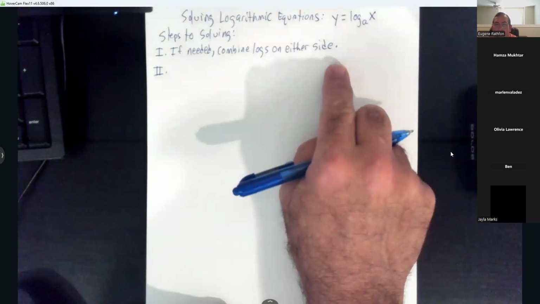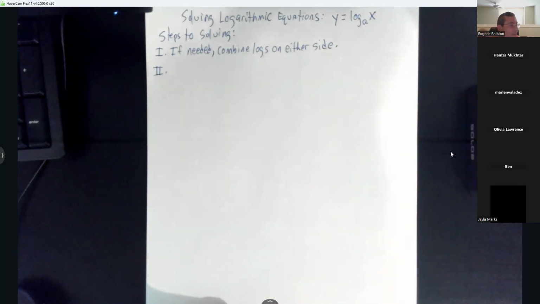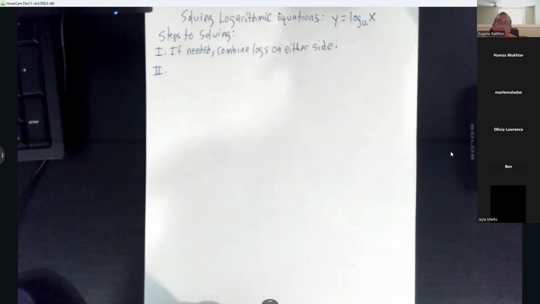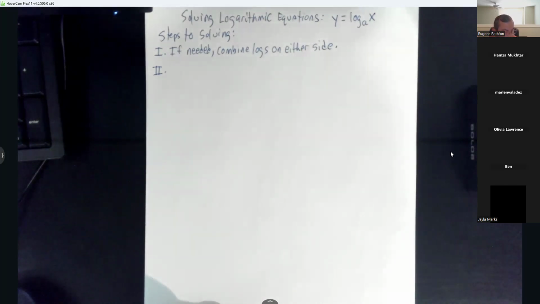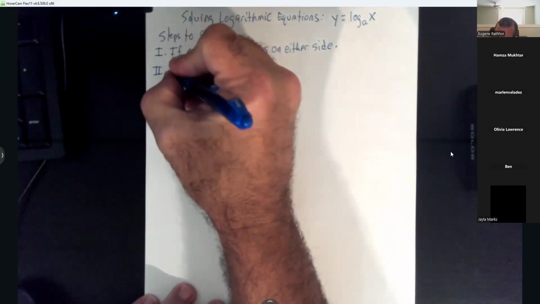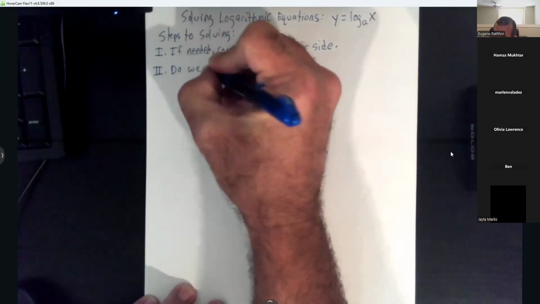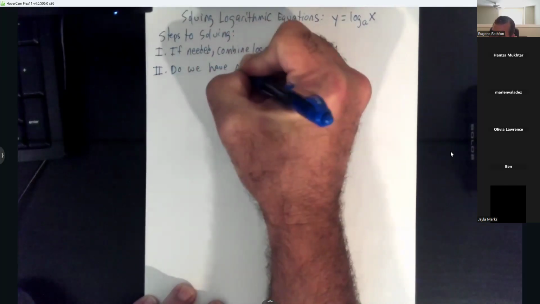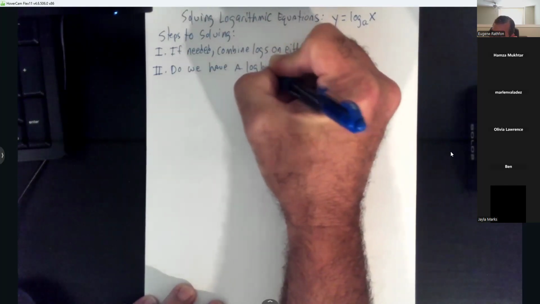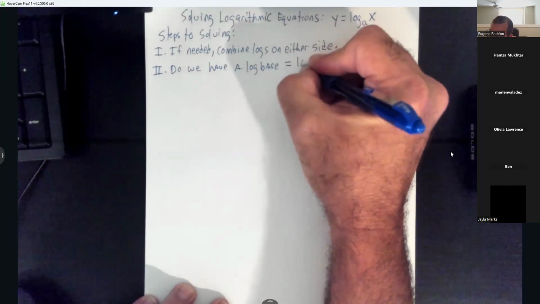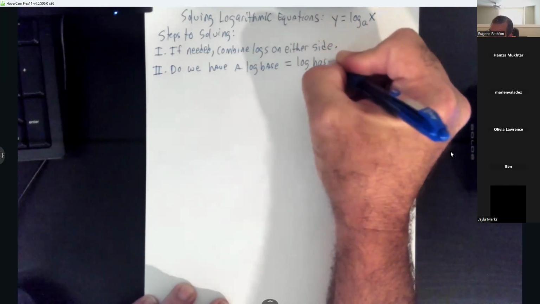So at this point, a while ago I had a base exponent property. Well, now I got logarithmic equality. So what I mean by that, do we have a log base equal to a log base?